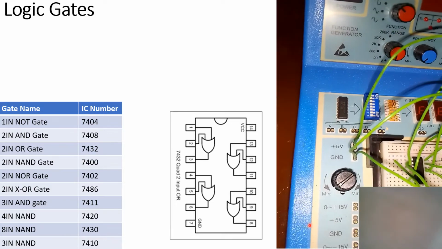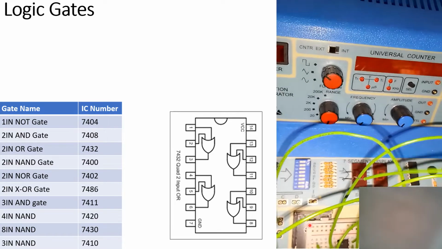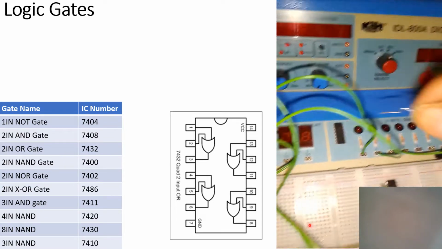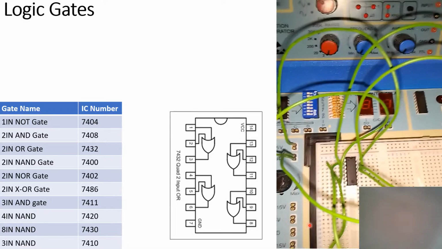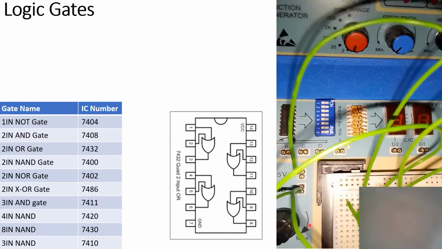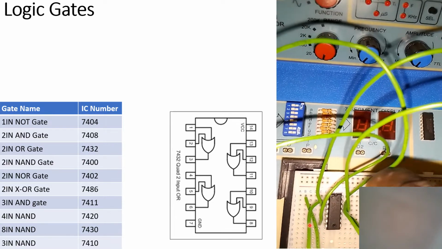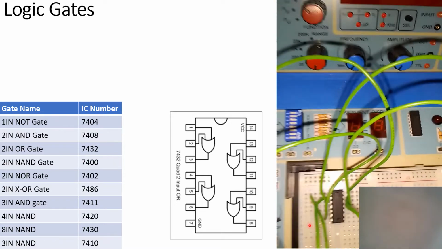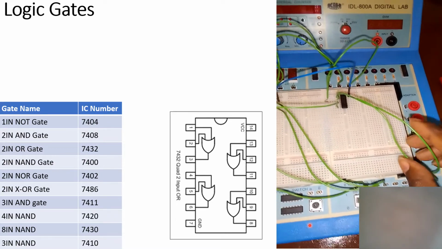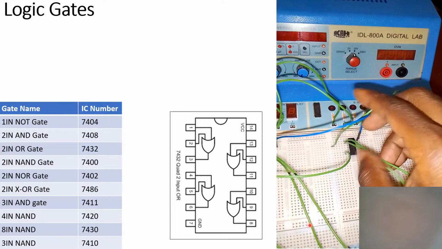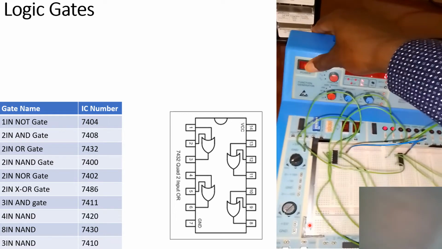I know that this one fits more to these pins, so this pin is going to be our output. I'm going to connect it here on pin number 3. Right, so I take my 5 volts, so I'm using this now. I've connected that as before. Right, so I have two inputs, going to these two inputs, and then output, which is this one, is going to that, and I can now switch it on.